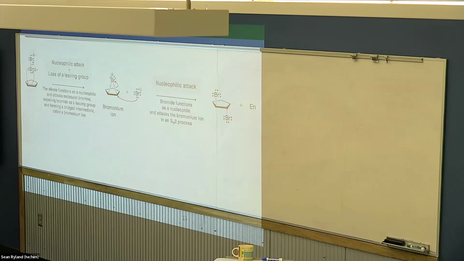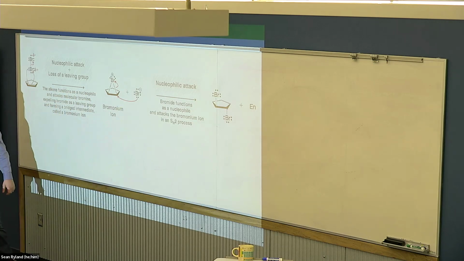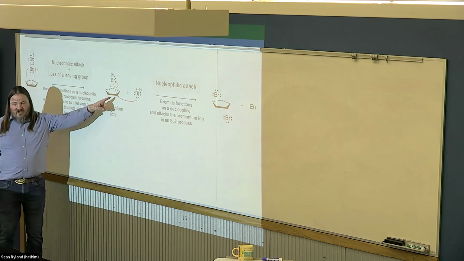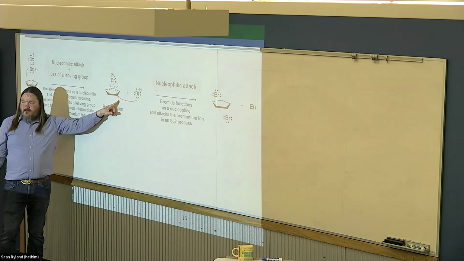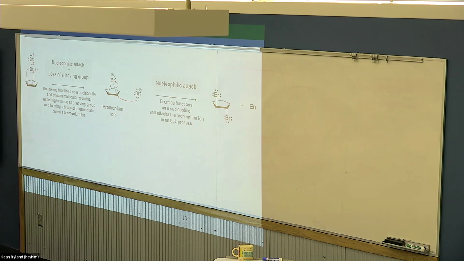That ring opening reaction is the second bromine coming in and doing an SN2. Because it's going in for an SN2, it has to be from the opposite side. This is what gives us our anti-product only. From the molecule's perspective, it's a nucleophilic attack, and from the bromine's perspective, it's a lot better.